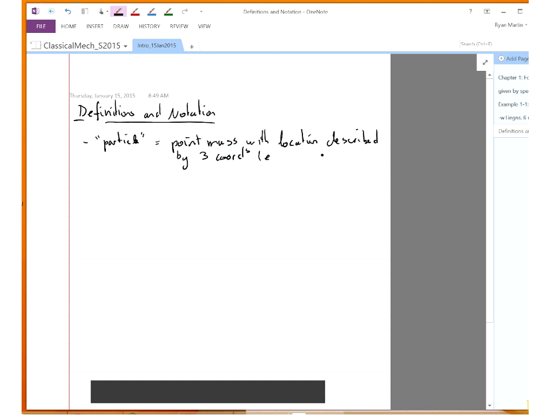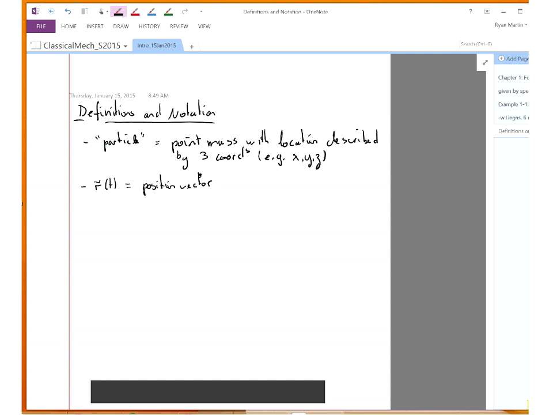For example, x, y, and z. We'll associate a position vector with that particle. And that position vector's coordinates are the three coordinates that I just mentioned.